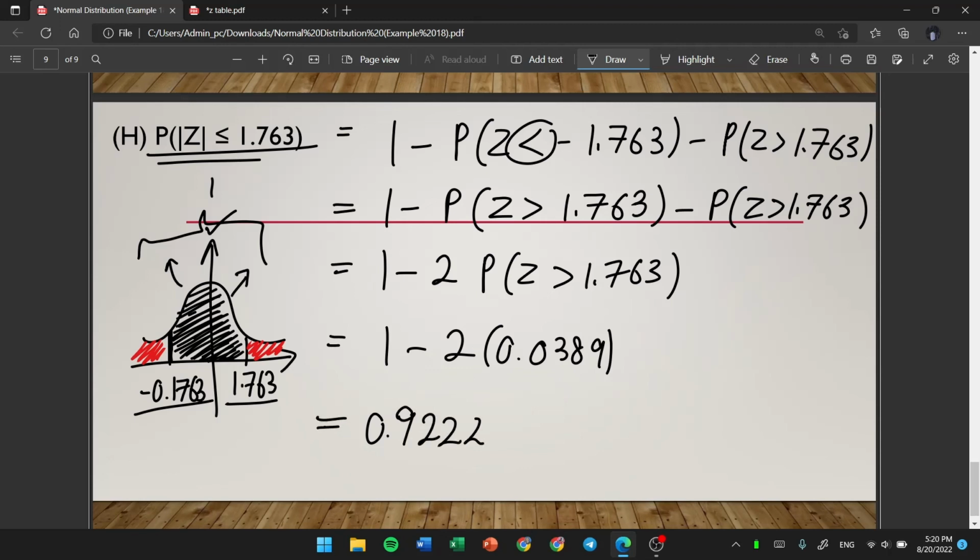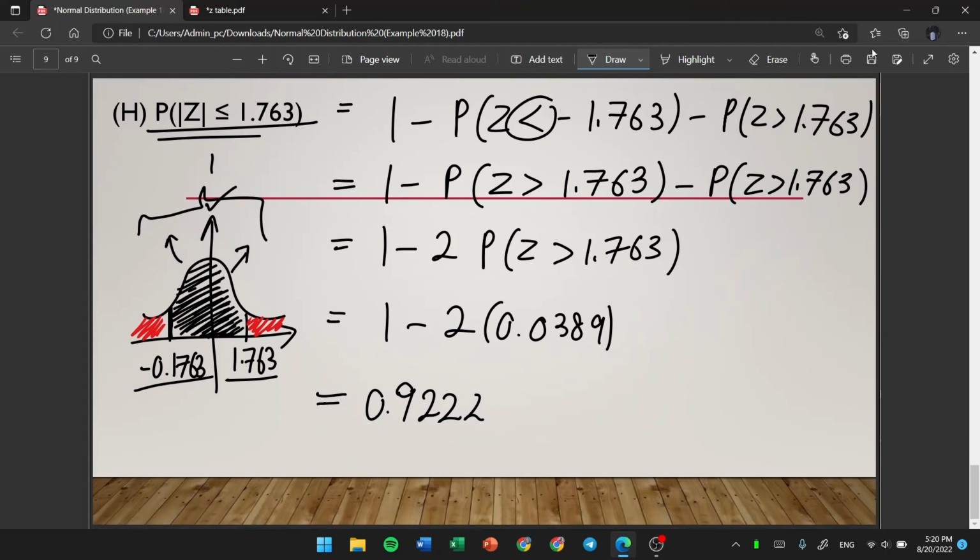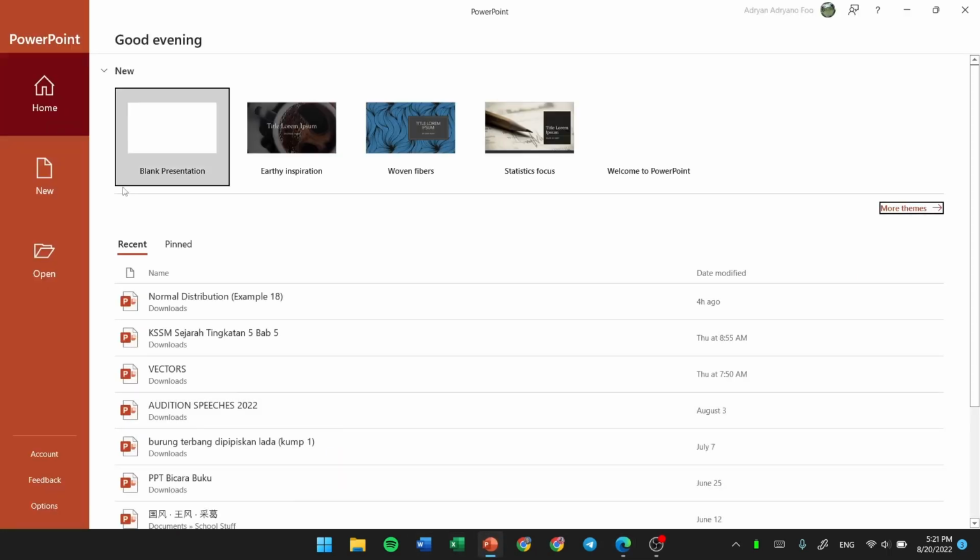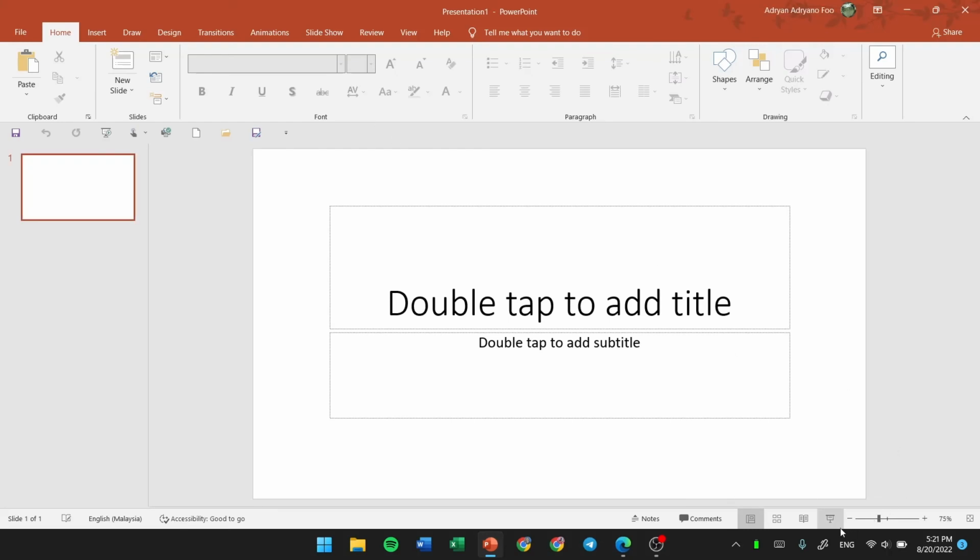Okay, so that's finished. That's our work done. Alright, so we revise back what we learned. Okay, let me open PowerPoint. Revision of what we learned. So first, we learned that first step, draw the bell shape graph.